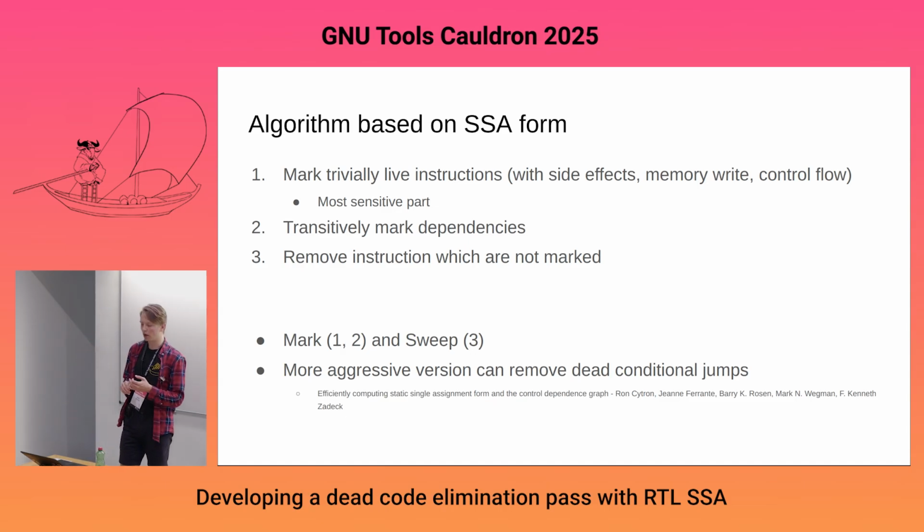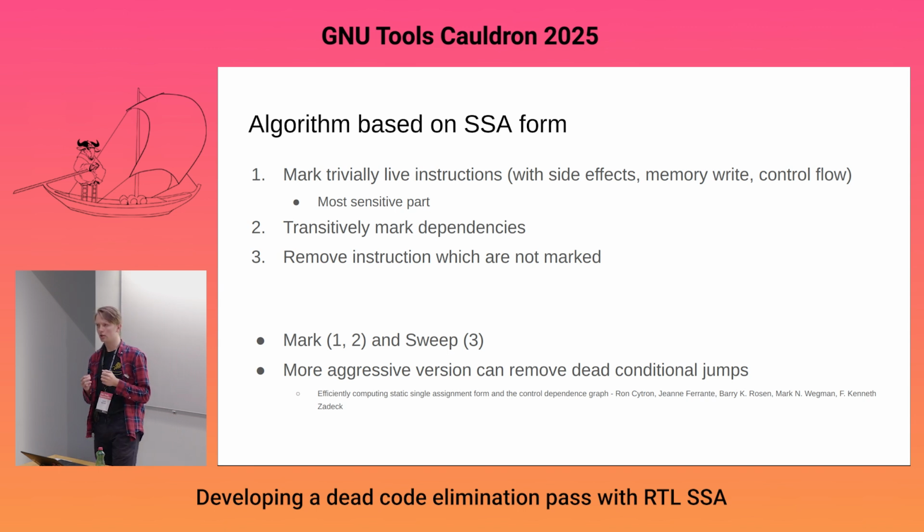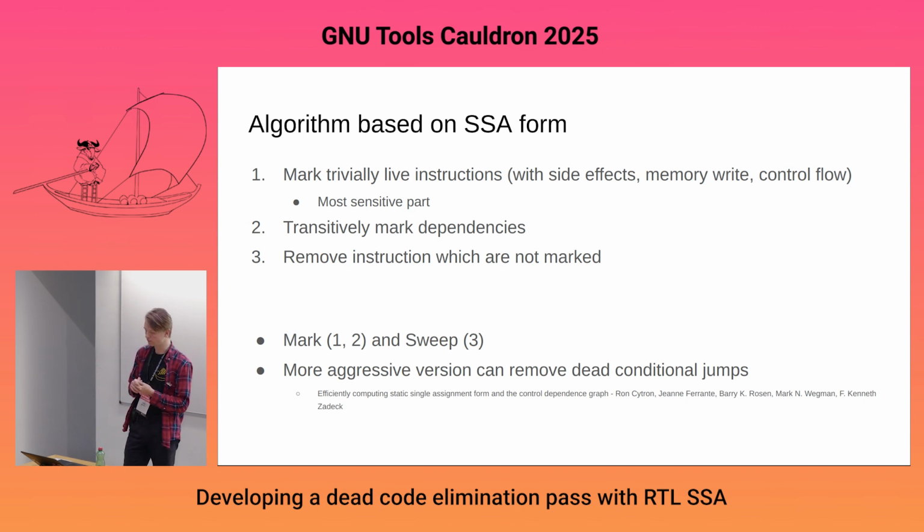So how does it work? We used an algorithm that has 3 steps. The first step just marks trivially live instructions. These are instructions that have, for example, side effects, or it is some write to memory, or it is a control flow instruction.